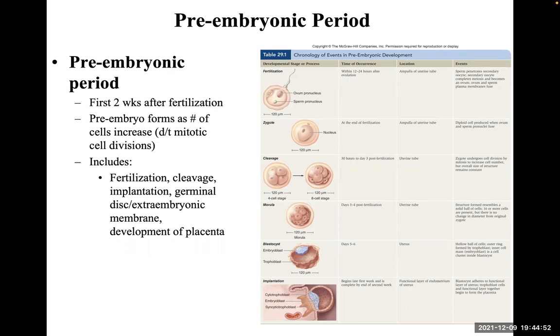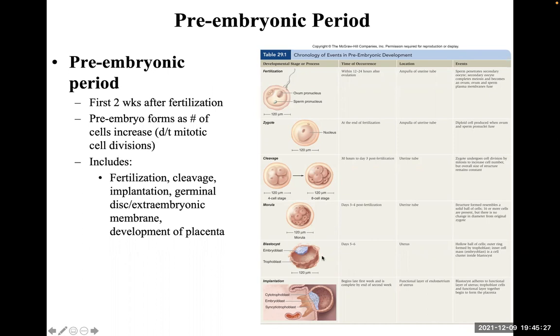The blastocyst stage is characterized by a couple of things. You get an increase in size, and obviously this is no longer a solid ball of cells, right? You get the development of a cavity that is filled with fluid. The outer ring of cells is what we call the trophoblast. And then we have an inner group of cells called the inner cell mass. Within the inner cell mass, we have what's called the embryoblast. These are the cells that are going to become the embryo, and then if things continue, the fetus.